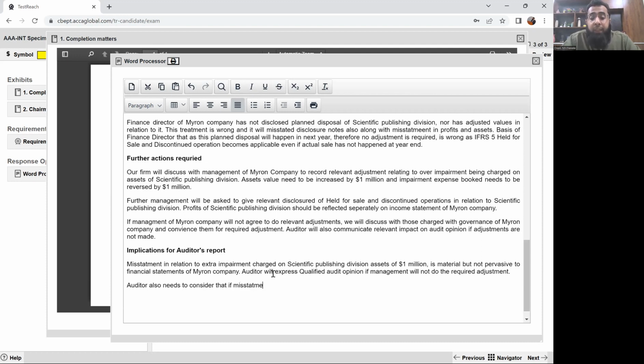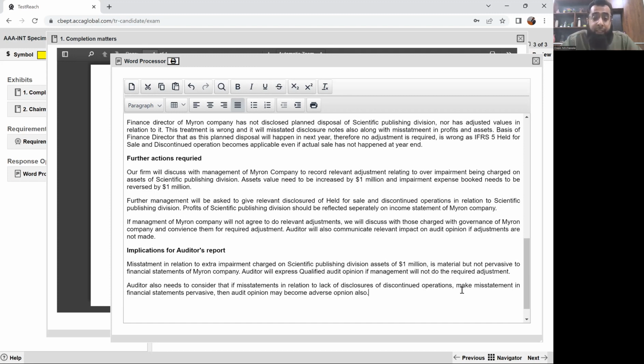Auditor also needs to consider that if misstatement in relation to lack of disclosures of discontinued operations makes misstatement in financial statements pervasive, then audit opinion may become adverse opinion also.